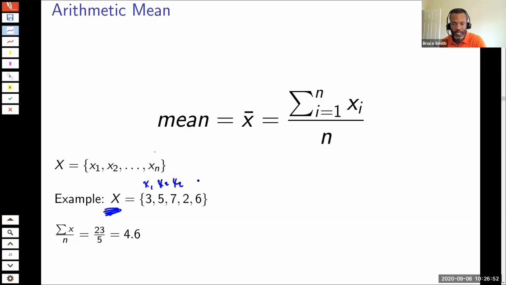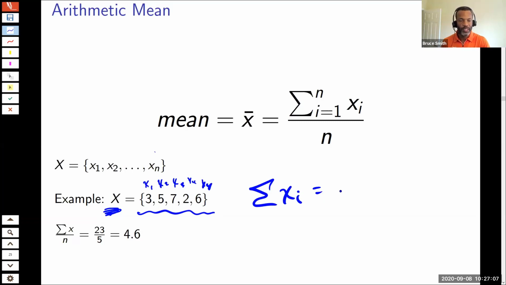So x sub 1, x sub 2, x sub 3, x sub 4, and x sub 5. So we'll use a lowercase x to represent these elements. So when summation notation says get the sum over the subscript, it means that you're taking x sub 1 plus x sub 2 plus x sub 3 plus x sub 4 and x sub 5.